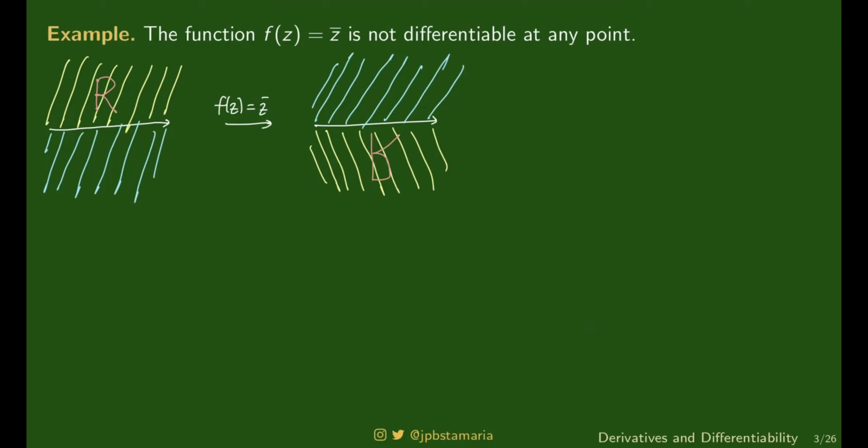Now, what's so fascinating about f of z equals z bar? What fascinates me about this example, nung una ko itong nakita, is the fact that sa f of z equals z bar, gaya ng sabi ko kanina, this is continuous everywhere, but nowhere differentiable.